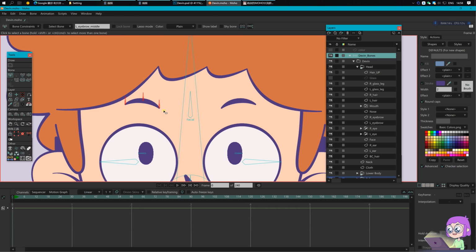Similarly, copy these 3 bones and click on the parent bone. Copy and flip. Then modify the x-coordinate.